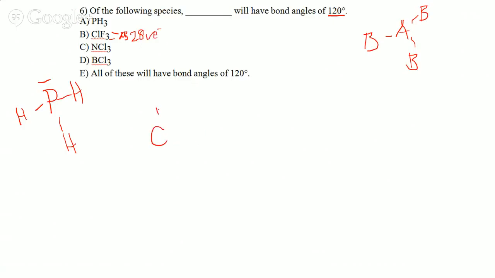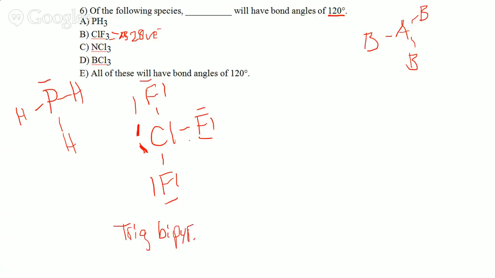So let's see what that would look like. I put Cl, 3 fluorines. Complete the octets. I've used up 24 electrons. I got to put 4 more. So 2 lone pairs around that chlorine. This is going to be trigonal bipyramidal.